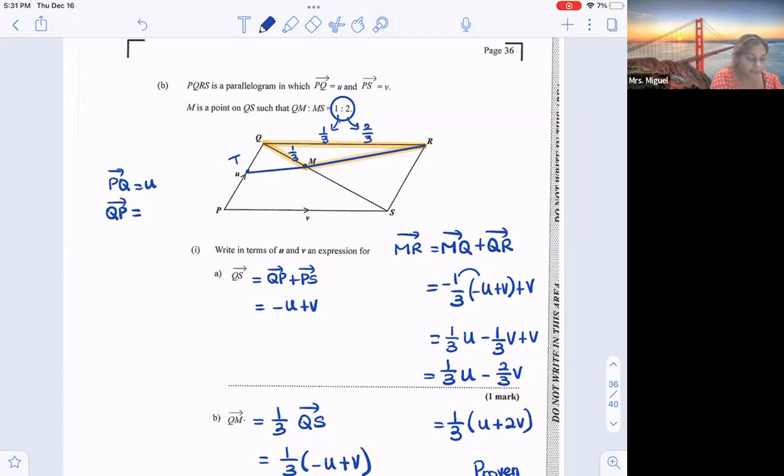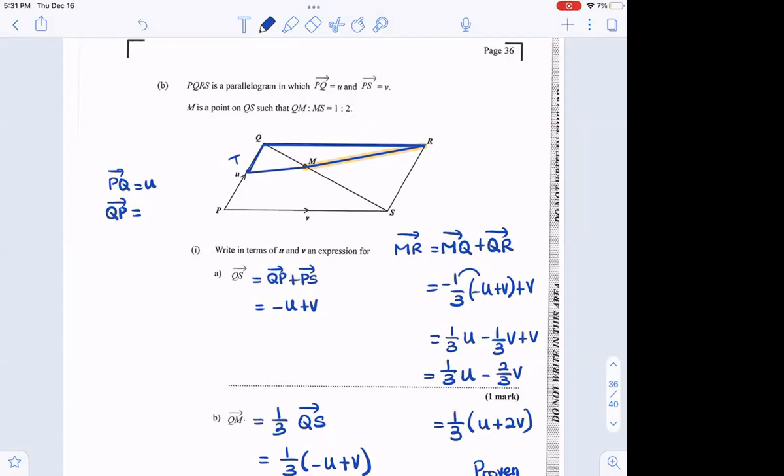So to find TR, we can add TQ plus QR. You see that? To go from T to R, we can go from T to Q and then Q to R. Do you see that? Yeah, miss. Right.